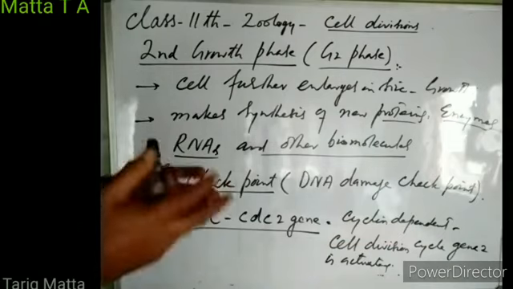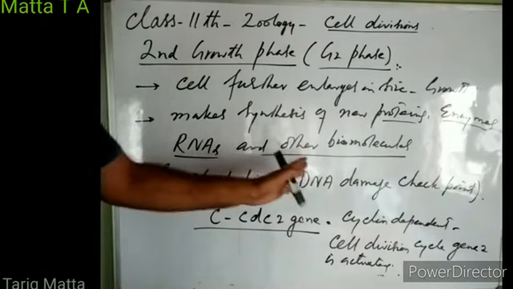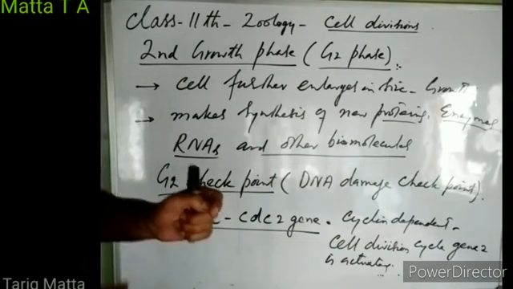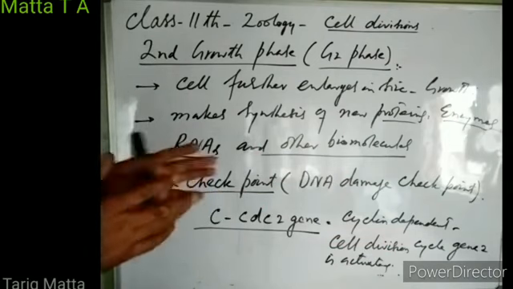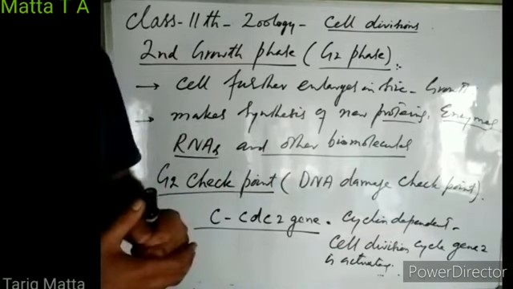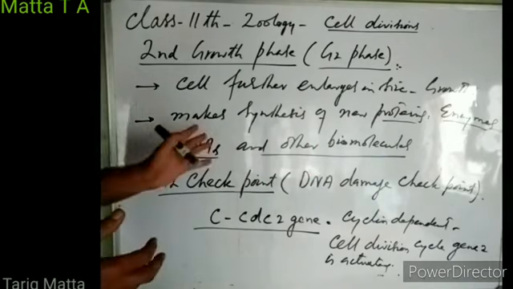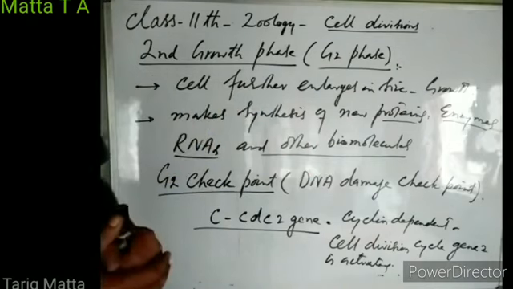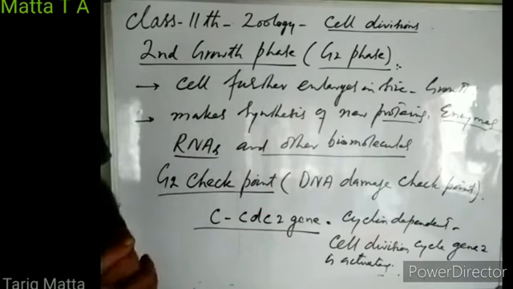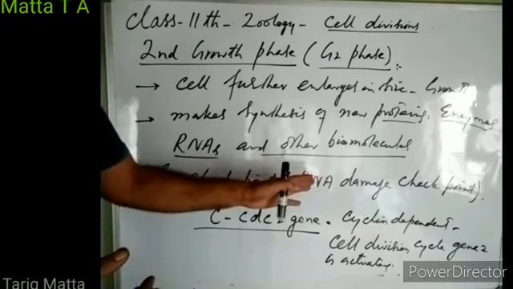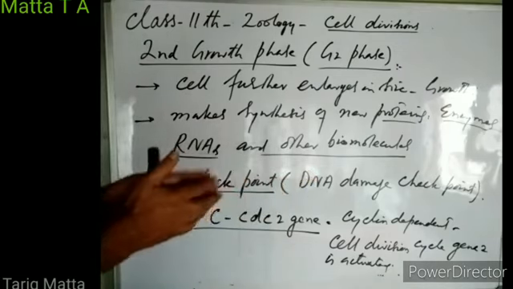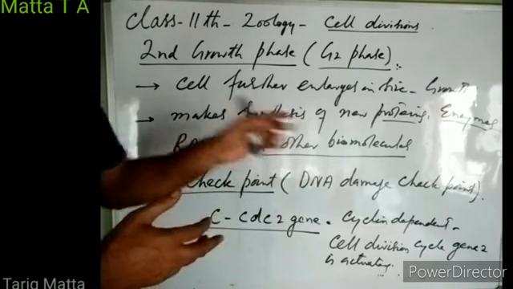It stimulates some enzymes to check for the DNA damage. When the cell is ready for entering into M phase, the mitotic phase starts. If the cell has suffered any DNA damage, either that damage should be repaired first or the cell is stopped from entering into the mitotic phase, right?